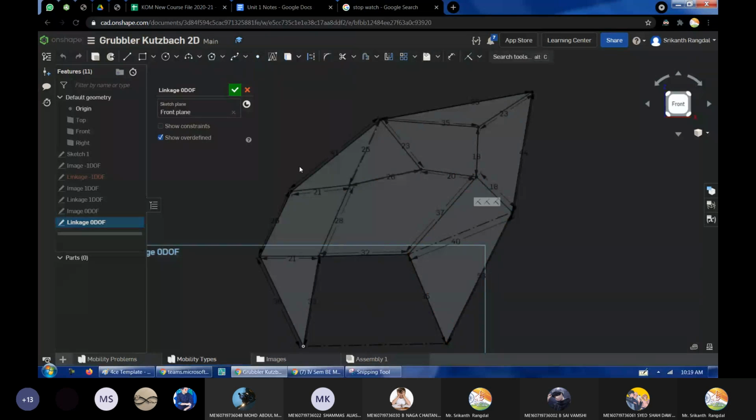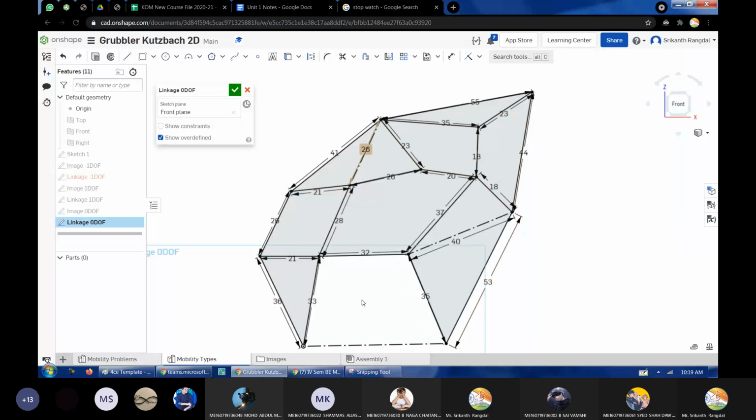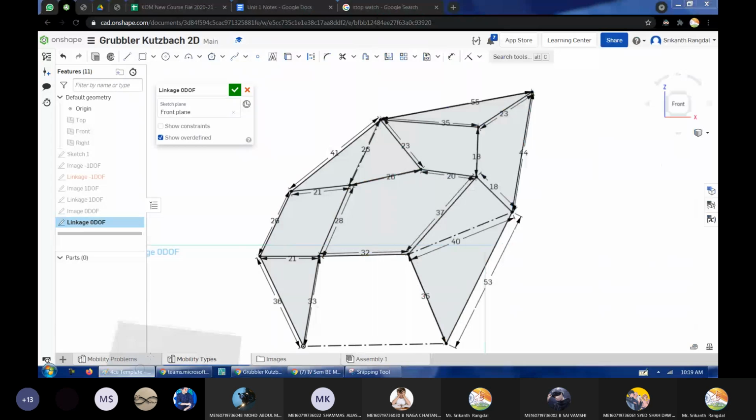And when we have fixed the length of all the linkages, you can see that the diagram is already black. That means we cannot move it at all. Such structures are called perfect frames.